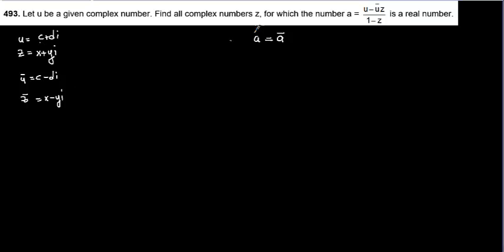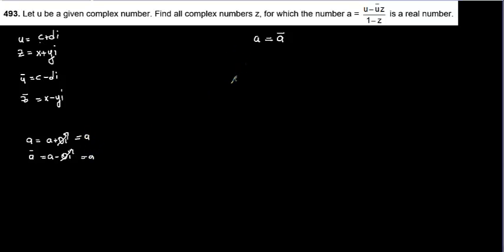But if A is a real number, it is A plus 0I, and the conjugate of it is A minus 0I. Also, this is not written, so both of them are equal to A.